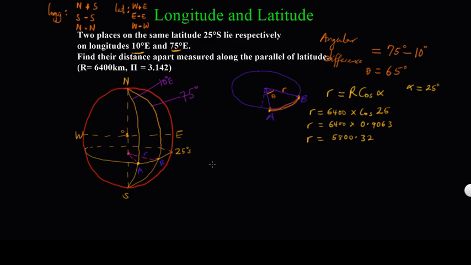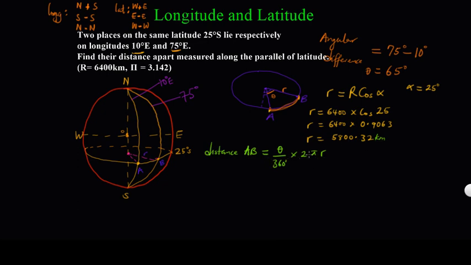So we are using the formula for length of arc for the distance between A and B. And recall that the distance along the parallel of latitude between 2 points A and B is equal to theta over 360 degree multiplied by 2 pi r, the radius of that small circle, which we have gotten here to be 5,800.32 kilometers.